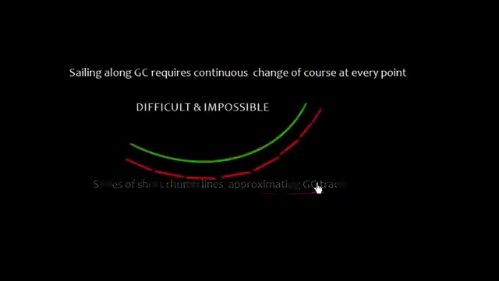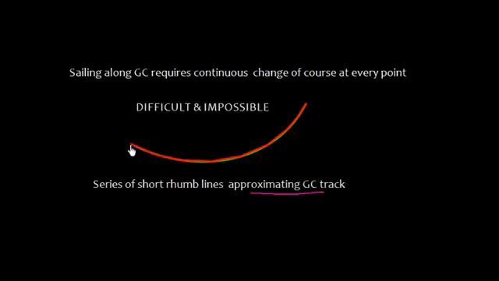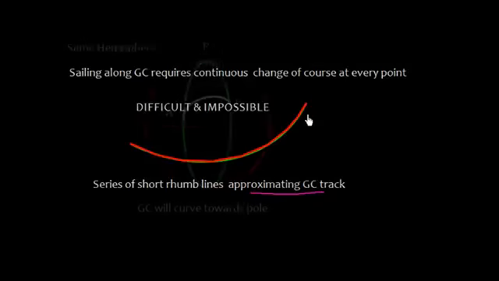Let's go back here. So this is a series of short rhumb lines, and this makes the great circle. The vessel steers some course for some time and then changes the course by a small amount and keeps changing the course like this. That is how we can do great circle sailing.